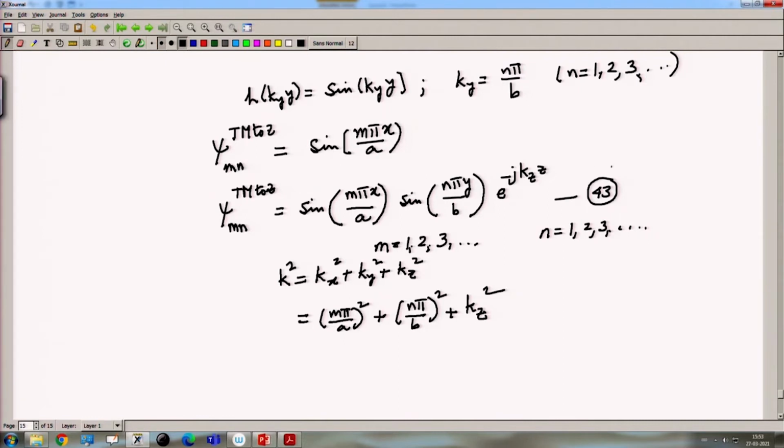So, if we substitute this psi function into the equations for the electric and magnetic field we derived corresponding to A equal to u z psi, which corresponds to the TM to Z mode, we will obtain all the electric and magnetic field components corresponding to the TM to Z mode.